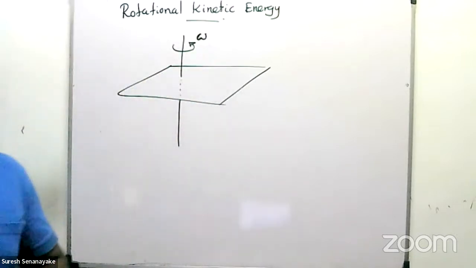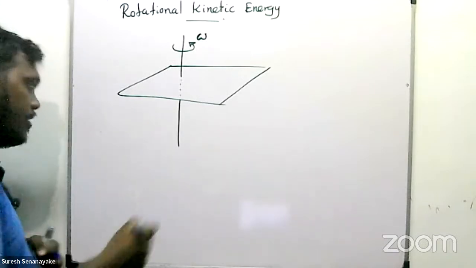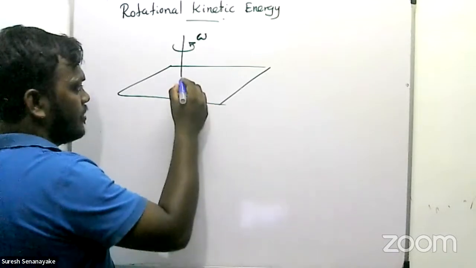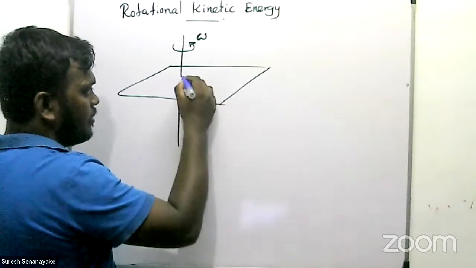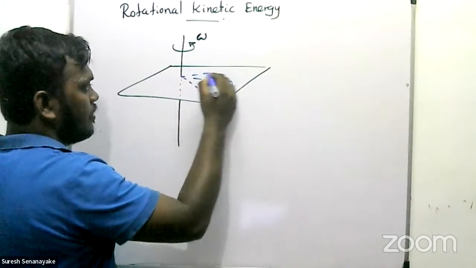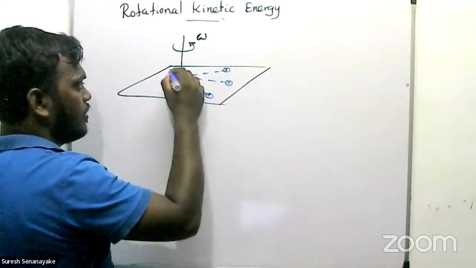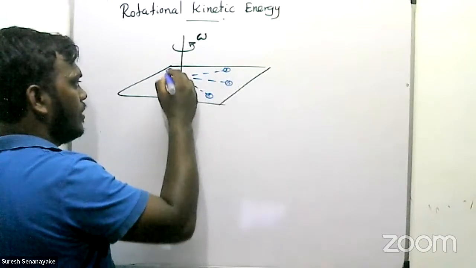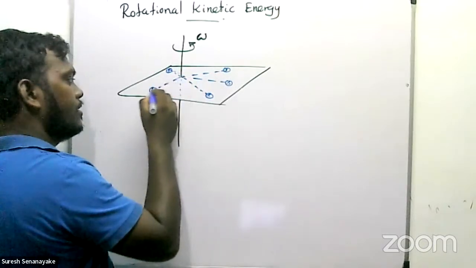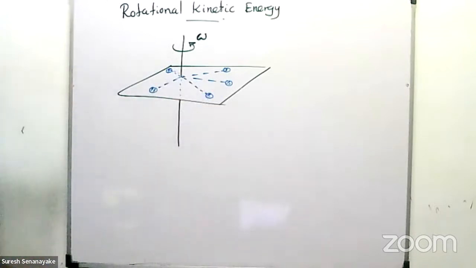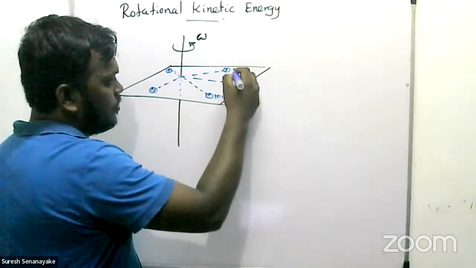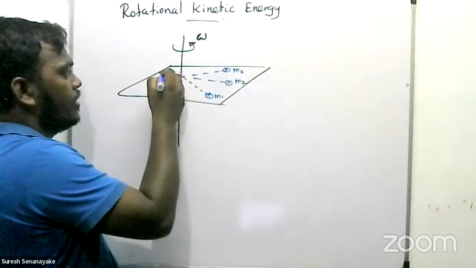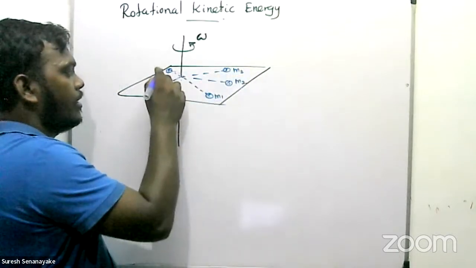Let's consider that on this plane there are different particles at different distances, in all directions, so the body consists of some particles. Let the masses be m1, m2, m3, m4, and up to mn.